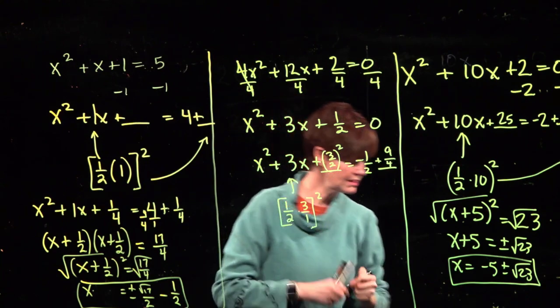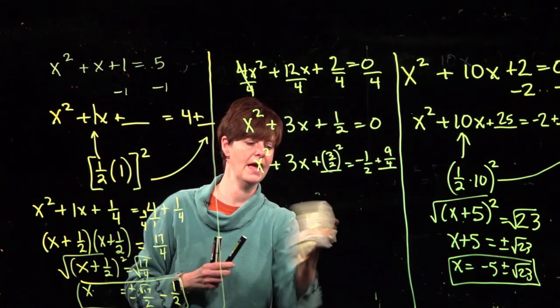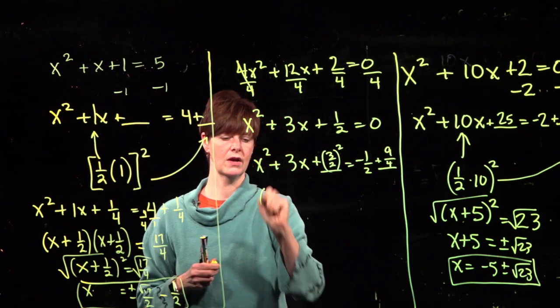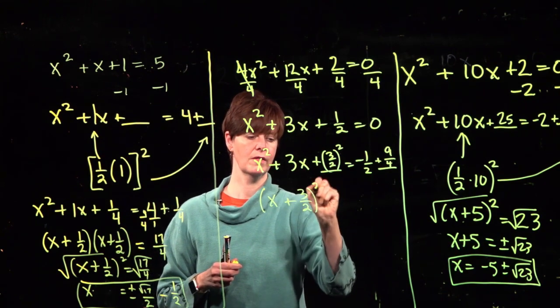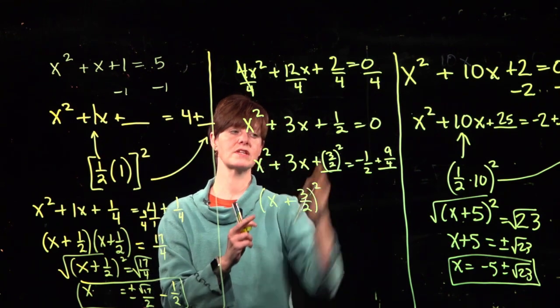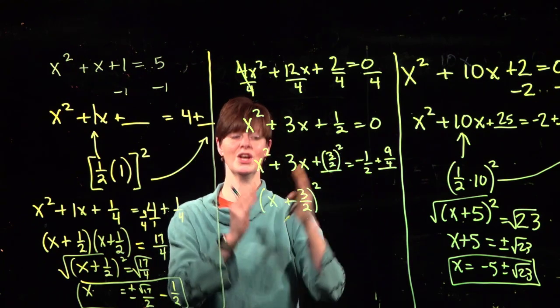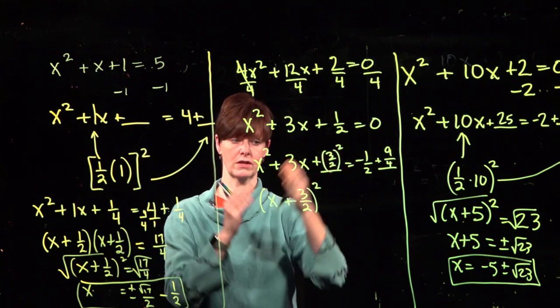So I'm going to erase this just so it's out of my way. And I'm going to go ahead and write this side as a perfect square. I can check by multiplying 3/2 times 3/2, and I would get 9/4 squared, and then 3/2 on the outer, 3/2 on the inner, and you would get 3, right? Because half 3 and half 3 is then 3.